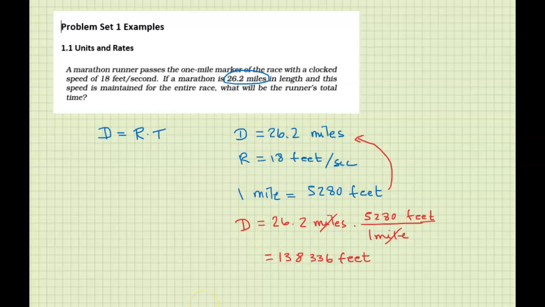Okay, cool. So now let's plug into the formula, because we've got to figure out what the time is. That's the only unknown there. All right, so we're going to plug in. We have 138,336 feet equals 18 feet per second times time.